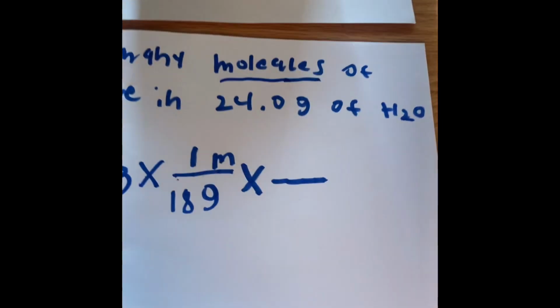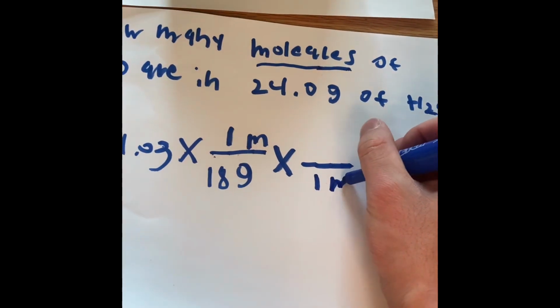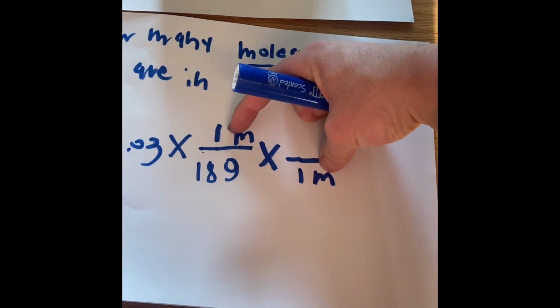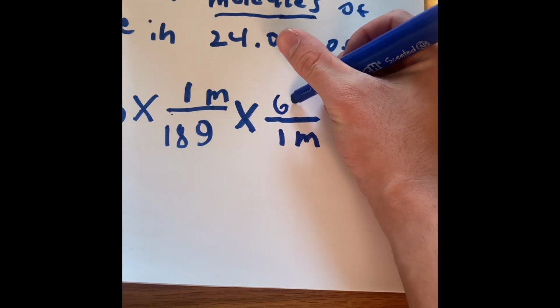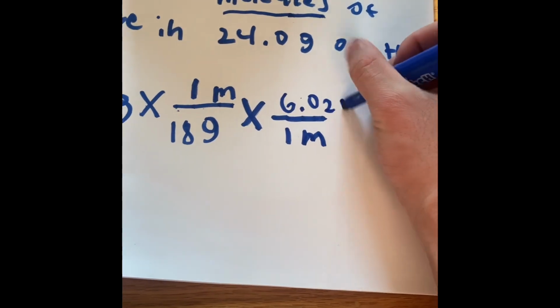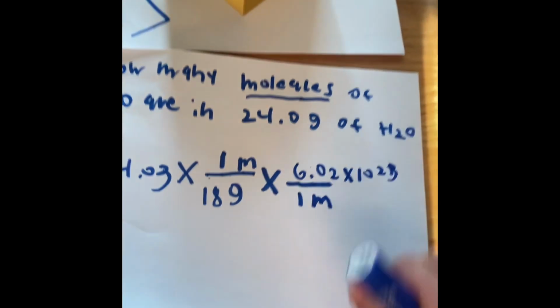The number of molecules in this amount of water. What we do here is put 1 mole on the bottom, because that's going to cancel out with this one. Then we get our final answer by multiplying by 6.02 times 10 to the power of 23 in scientific notation.